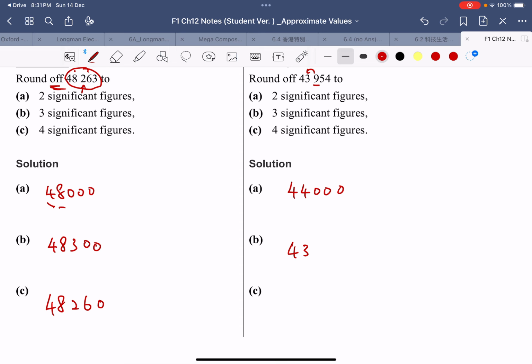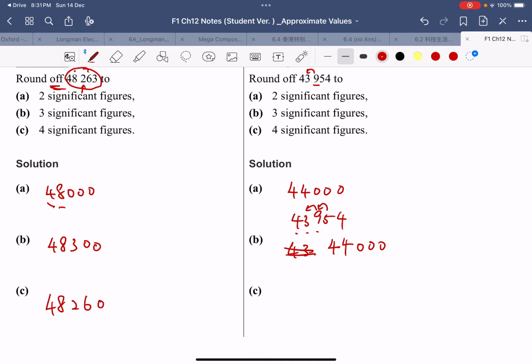Because you have this number originally, and we have 3 significant figures here, but after adding 1 to the 9, it becomes 0, and after it becomes 0, you need to add 1 to the 3. So the answer should be 44000. This is the 3 significant figures of the original number.